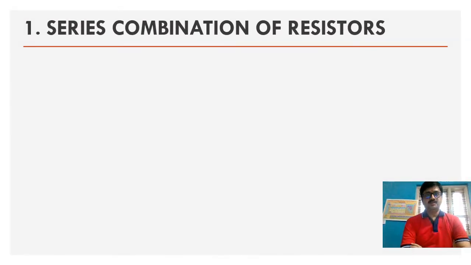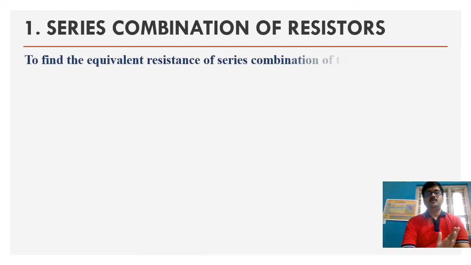Fine. Now series combination, as we had defined exactly, is the combination of resistances in which the current through each of the resistances in the combination will remain the same. So I want you to understand this concept very thoroughly and recall this particular definition very thoroughly.